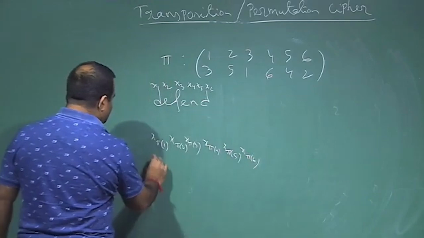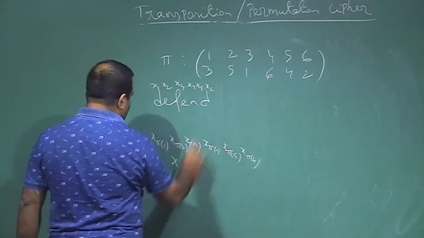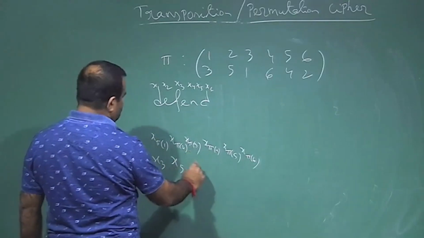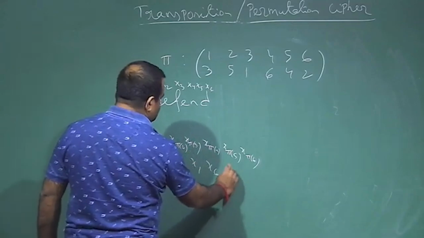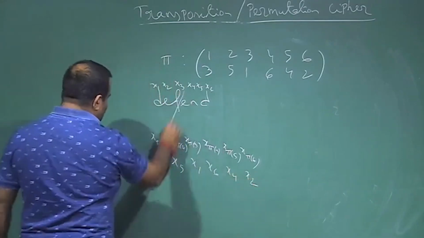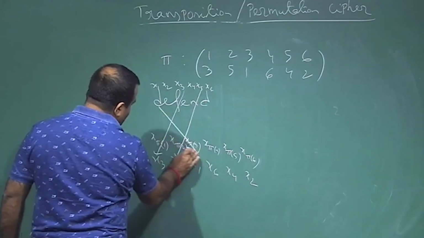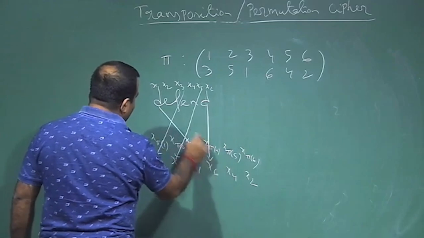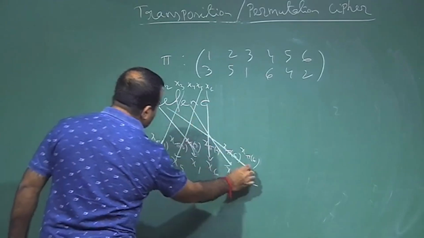Now, x phi 1 is basically x3, x phi 2 is x5, x phi 3 is x1, x phi 4 is x6, x phi 5 is x4, and x phi 6 is x2. That means x3 will come here, x5 will come here, x1 will go there, x6 will come here, x4 will go here, and x2 will go there.